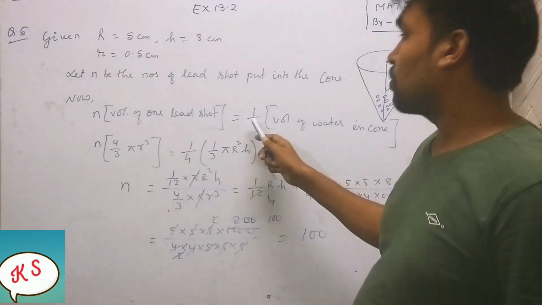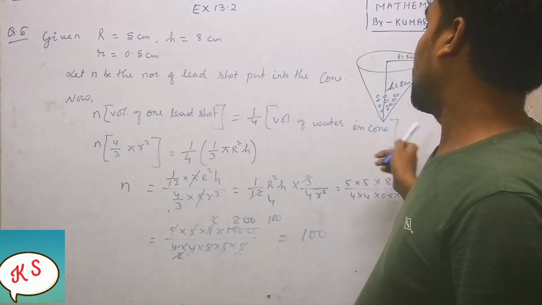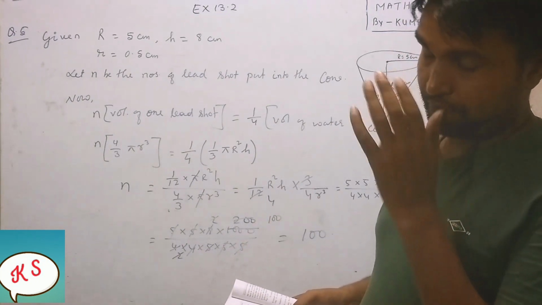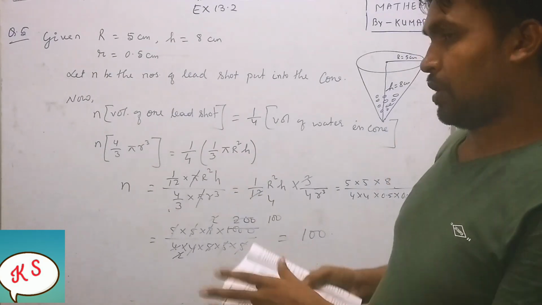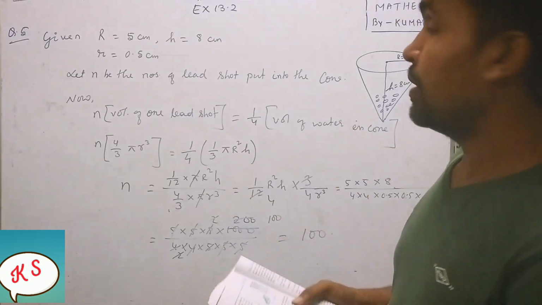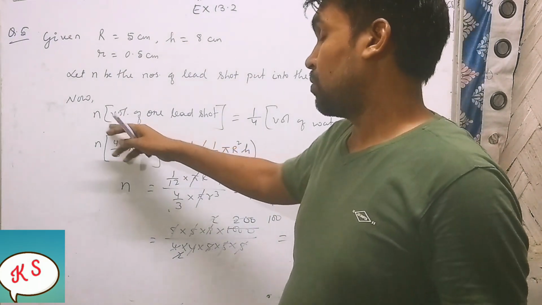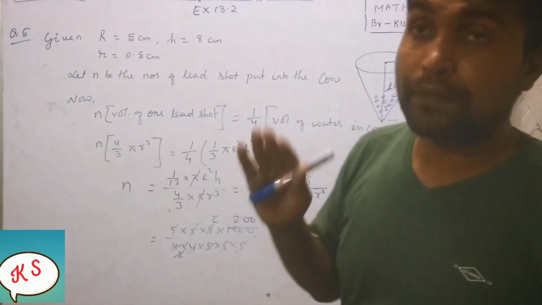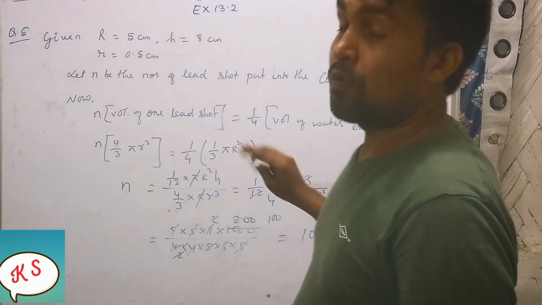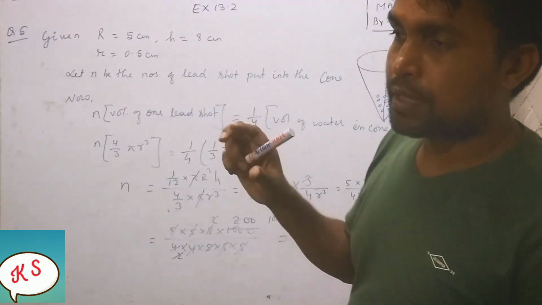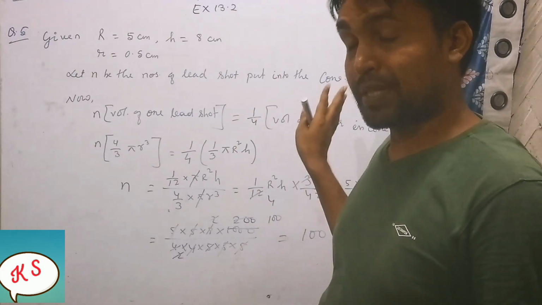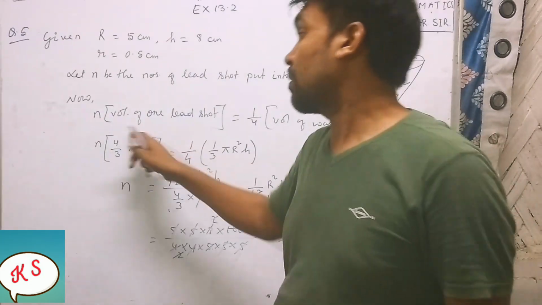So it will be equal to 1/4 the volume of water in the cone. Whatever the total volume of the lead shots is, that much water has flown out, which is 1/4 of the water present in the cone.